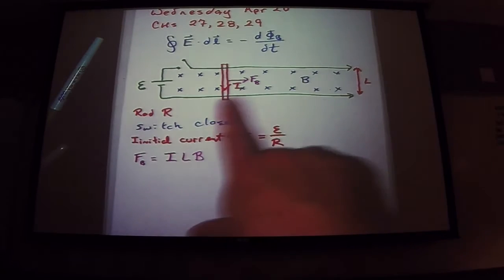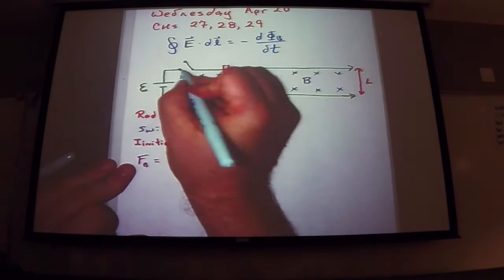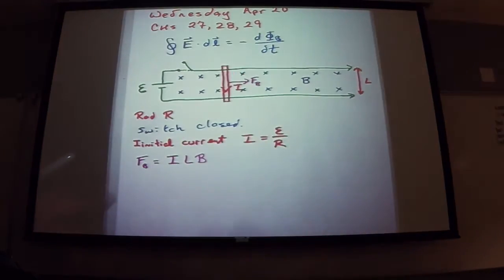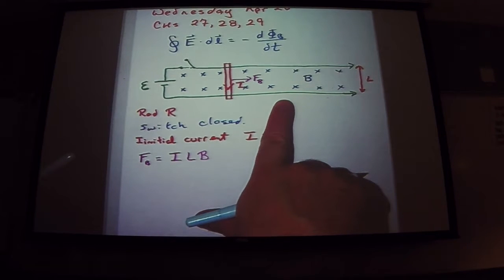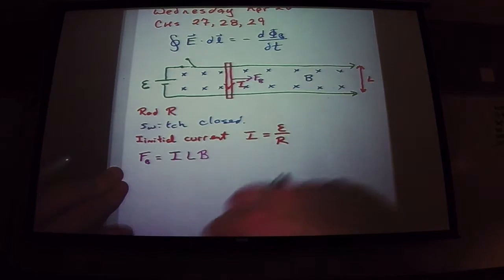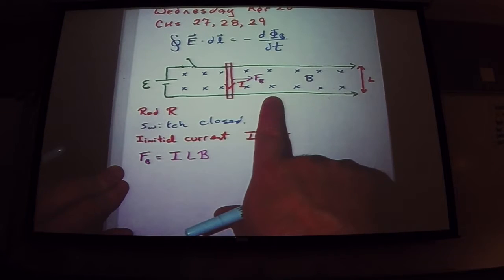Well, if I pull this out, my loop is this after I close the switch. So I'm going to draw this with the switch closed. When this starts moving to the right, does that increase the flux through this loop or decrease it? It increases because the area of that loop is increasing.